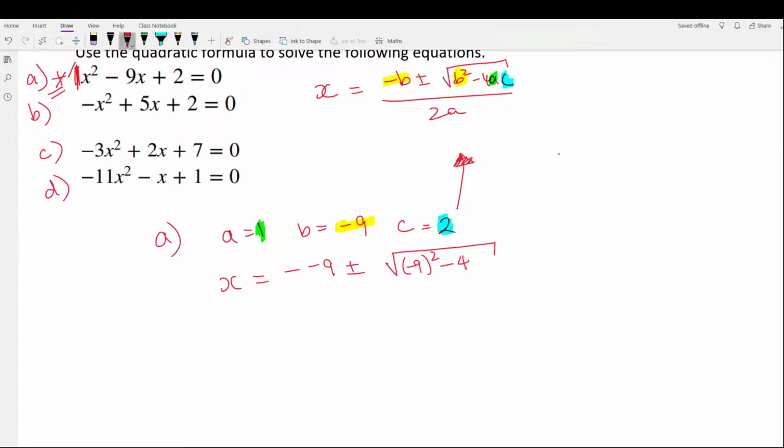So minus 4 times 1 times 2, over 2a. 2 times 1 is just 2.